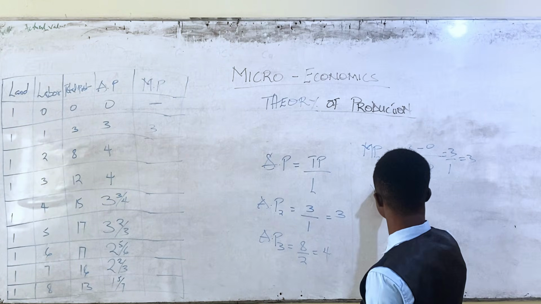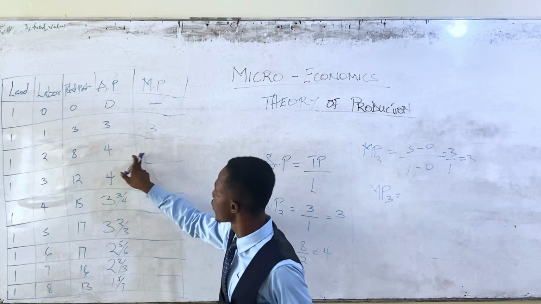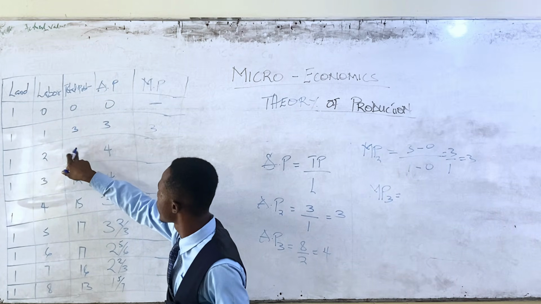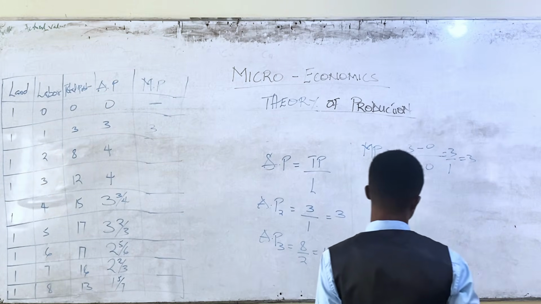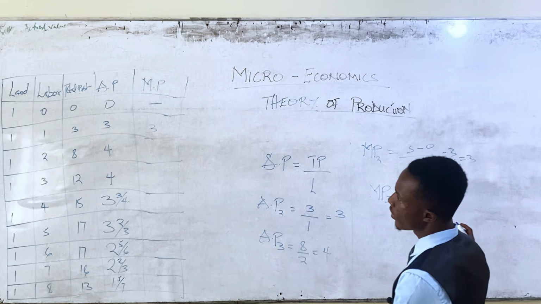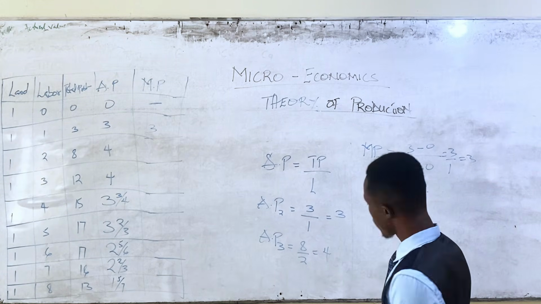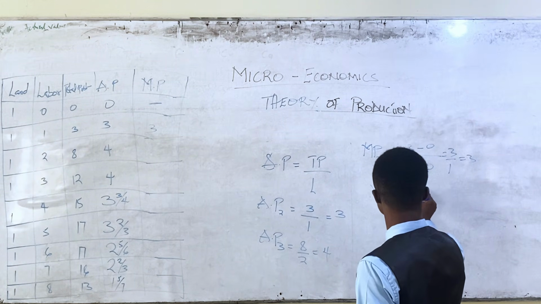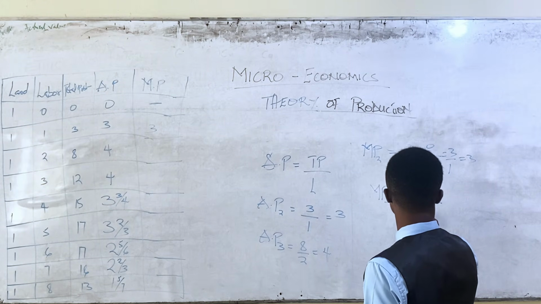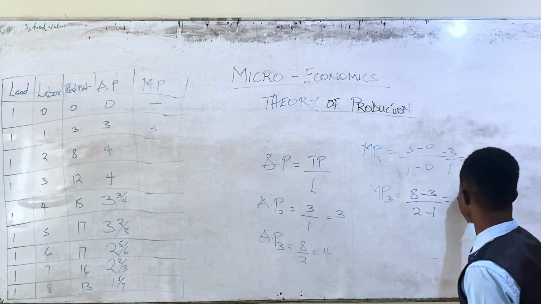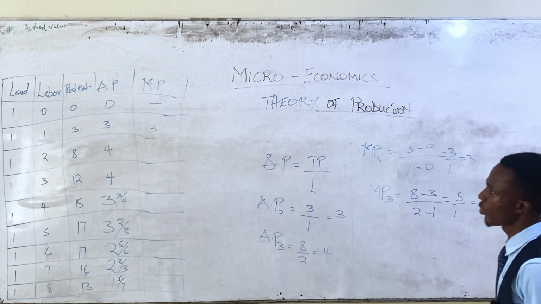Then we move on to stage 3. We are going to use the total product for stage 3 and total product for stage 2. So that is 8 minus 3 over 2 minus 1. You are getting 5 over 1, which is 5.